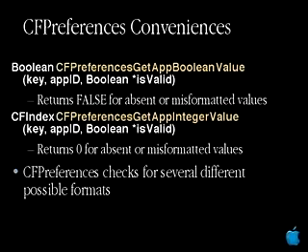In both of these cases, it returns the value that it finds, or if it can't find the value or the value is not of the proper type, they default to different values. CFPreferencesGetAppBooleanValue is going to return false, GetAppIntegerValue is going to return 0. If you're interested in the difference between a genuine 0 value and the preference not being properly set, you use the second isValid argument, and we will tell you whether we found a valid preference or not.